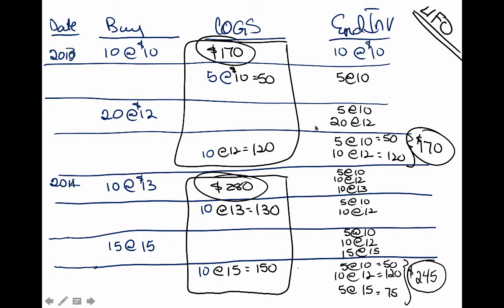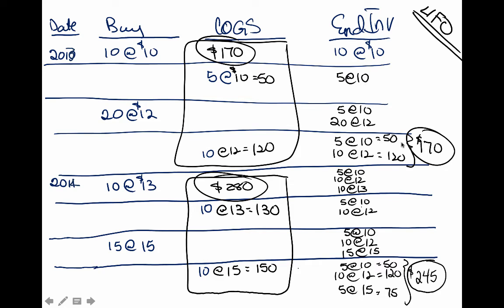So now we have 5 at 10, 20 at 12. When I sell 10 more at the end of 2013, the last ones to come in are the $12 layer. So we sell 10 at 12. So what's left? The old ones, 5 at 10 and 10 at 12. Because we started with 20, we sold 10, we have 10 left.